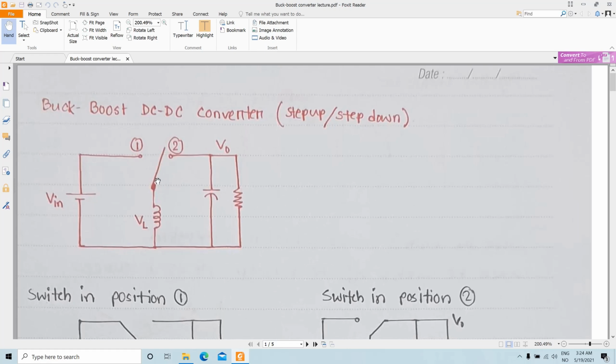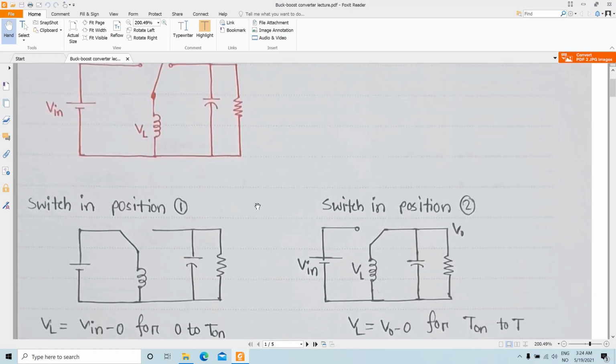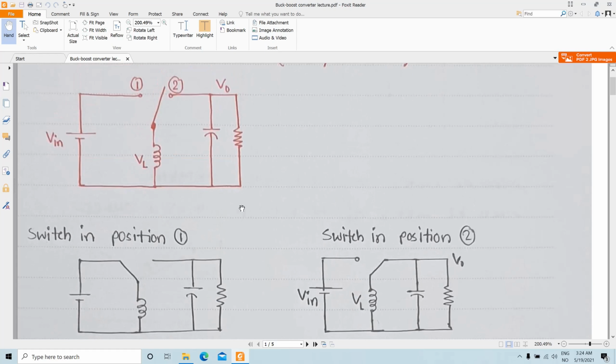Now this switch can either be connected to position number 1 or to position number 2. When the switch is connected to position number 1, it energizes the inductor.